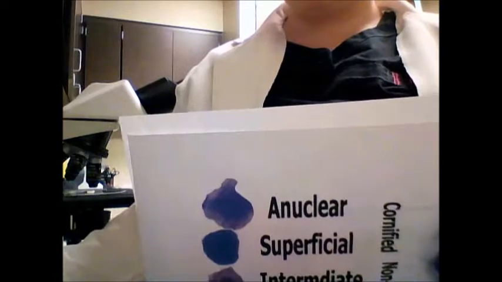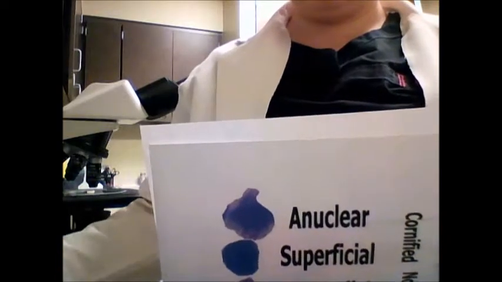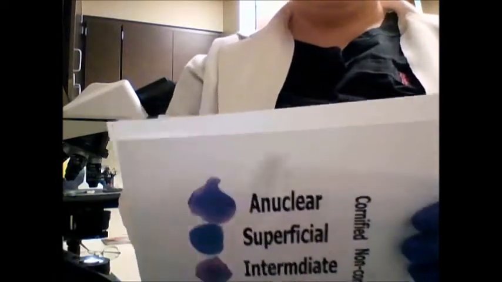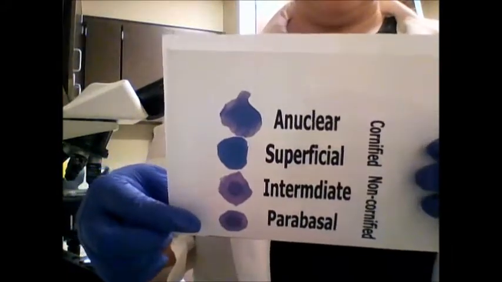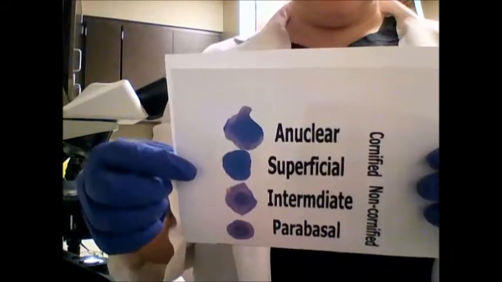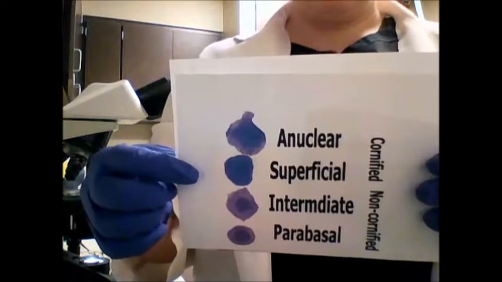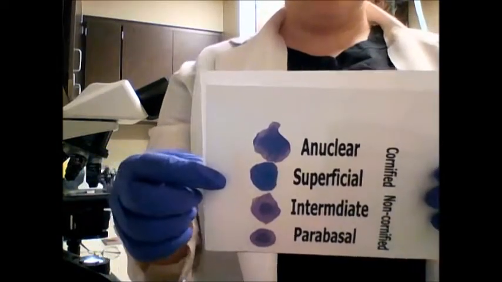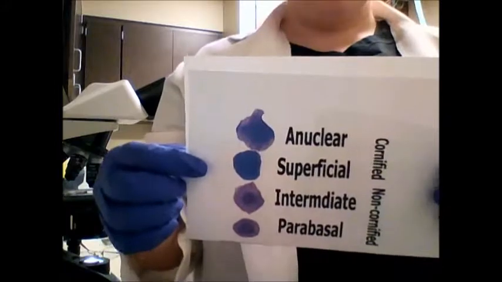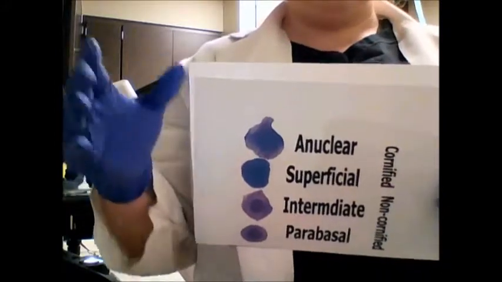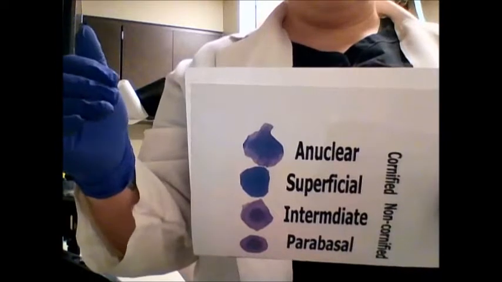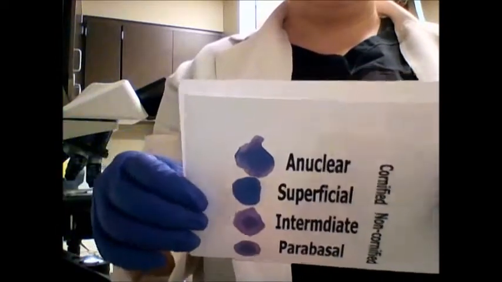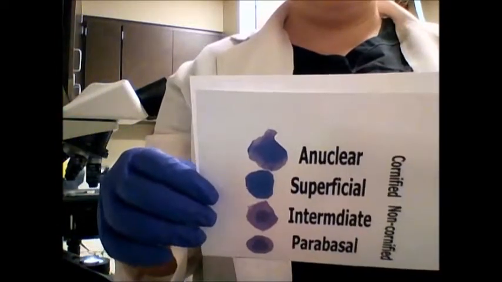When the patient is in proestrus, you're going to see these parabasal cells, intermediate cells, and superficial cells. Usually there will be neutrophils around, sometimes red blood cells, and it depends on whether you're in early or late proestrus how many neutrophils you're going to see.